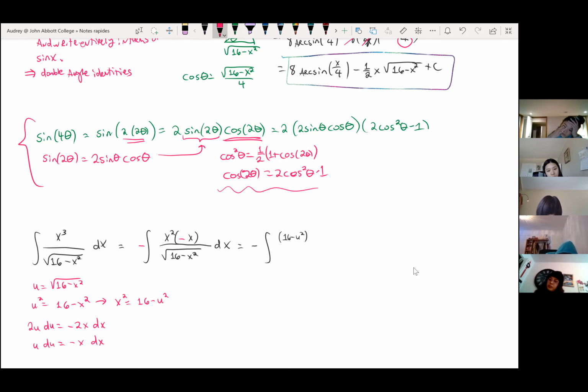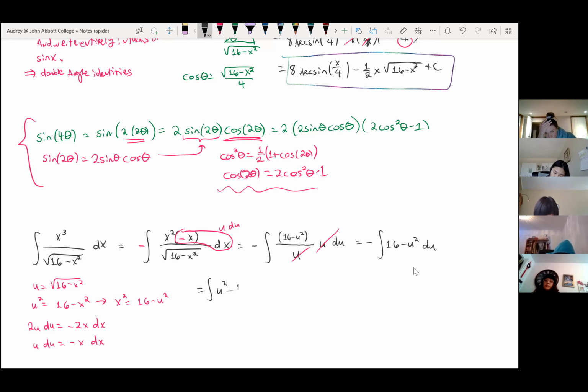That negative x dx, that's u du. So I'm going to have u du, and then over my square root, which is just u. And notice here, this is just negative 16 minus u squared, or in other words, the integral of u squared minus 16. And so then I get 1/3.